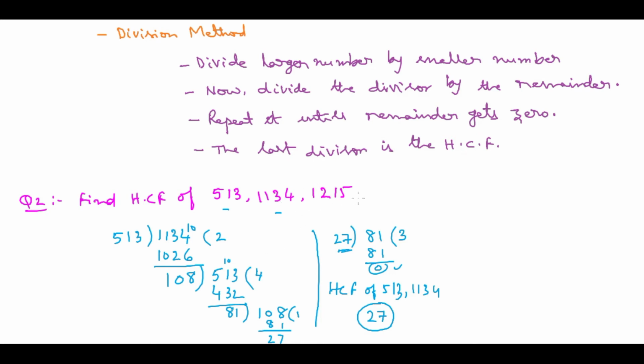Okay, this is the HCF between two numbers. Now let us go ahead with the third number also. So this is 27, and now we need to go ahead with 27 and 1215.